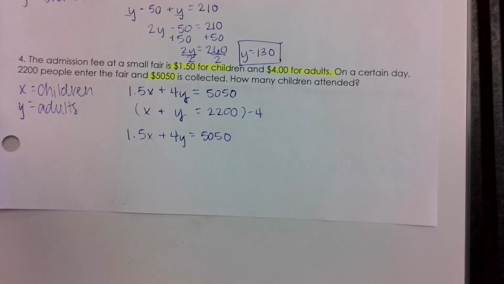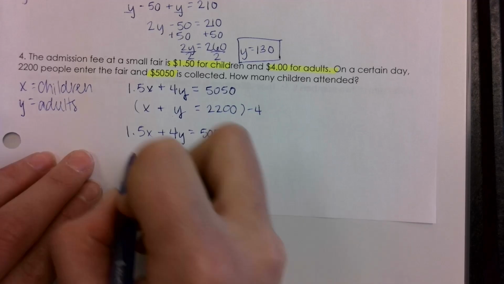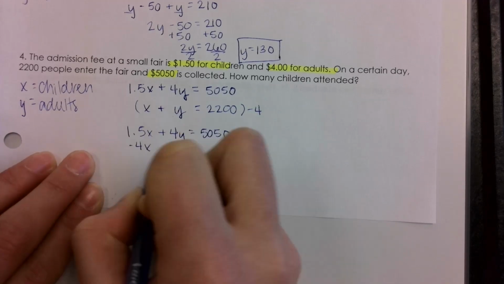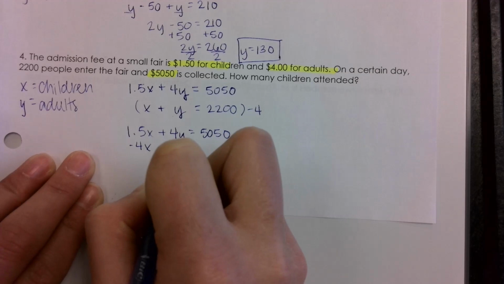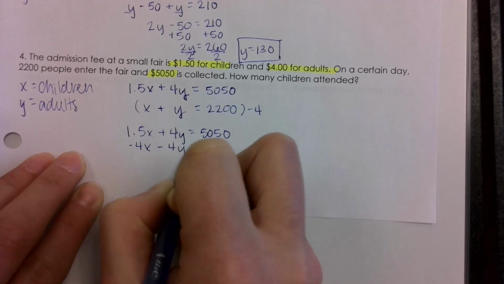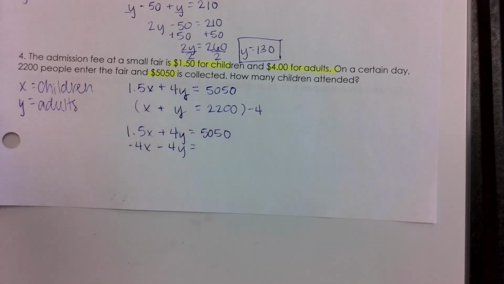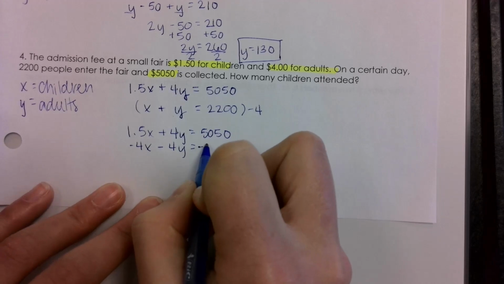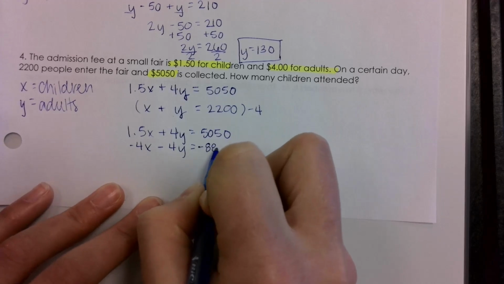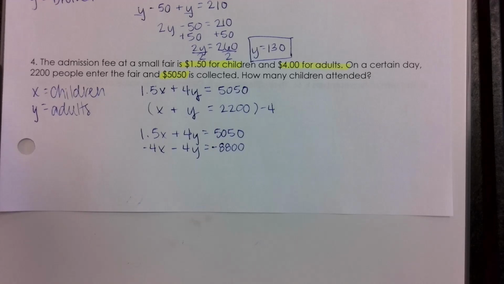So x times -4, what are we going to get? And y times -4 is -4y. And what's 2,200 times -4? Is that right?